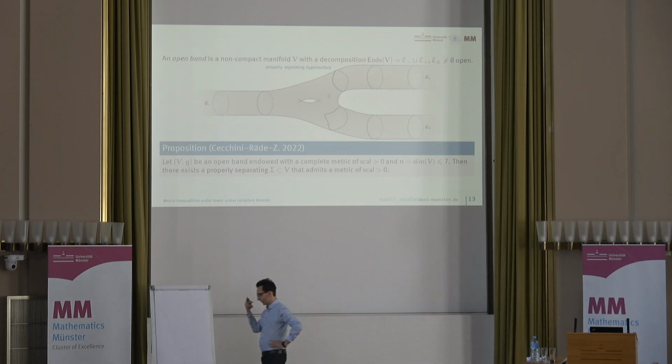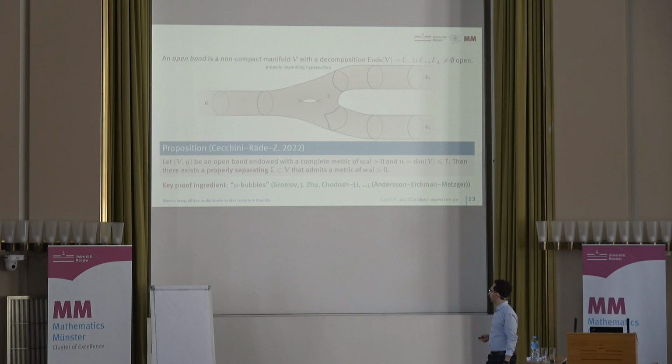In a sense, this restricts the topology of a manifold which has multiple ends and positive scalar curvature, because it tells you that you have to have hypersurfaces with positive scalar curvature in there.